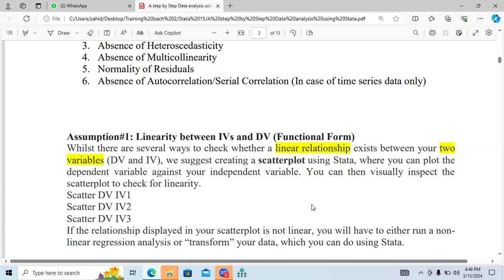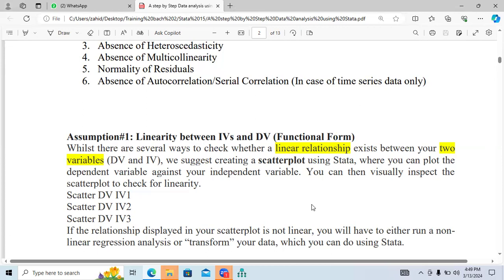According to this assumption, there should be linearity between dependent and independent variable. It means if the relationship is indicated by a linear line, then we can consider it as a linear relationship.